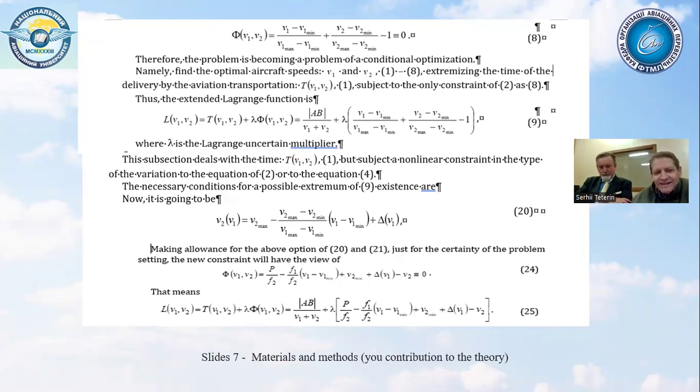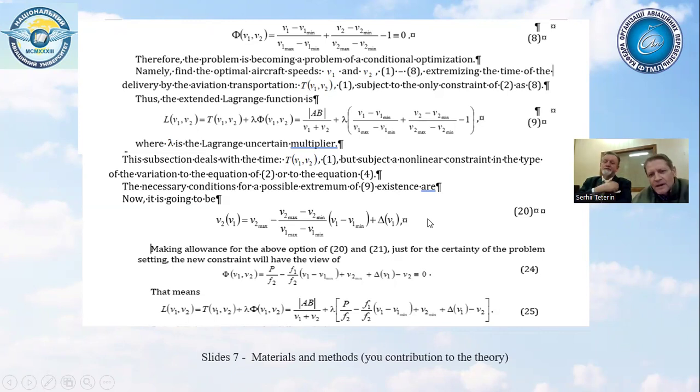So this is the general formulation of the problem once again. In this simplified case, we found there is no optimal solution because the linear equation is here in the denominator. As we will see on our diagrams, it was proved by computer modeling.